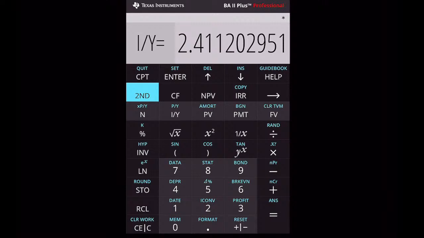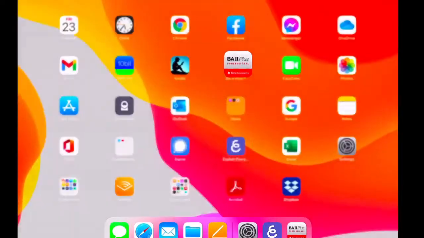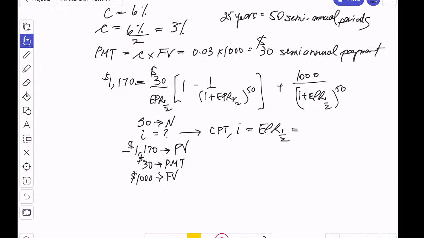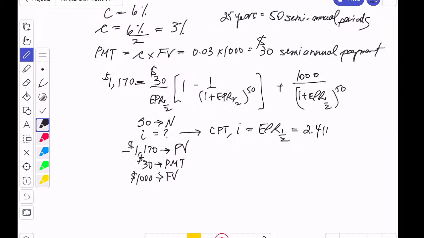And that is going to be the effective semi-annual rate. But it's not the stated rate.